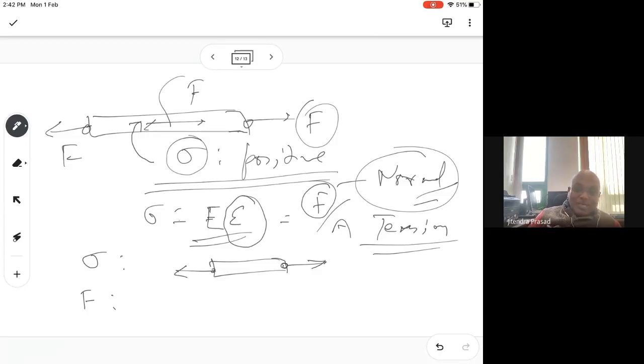Here we are not talking about a single force; we are talking about the force system, both at the same time. Stress will not happen if you apply a force just here. You have to apply a force at the other end as well in order to stretch it. Then only it will happen. Hence, when you're talking about stress, we are talking about a couple of both forces together, and the sign convention is tensile positive and compressive negative.